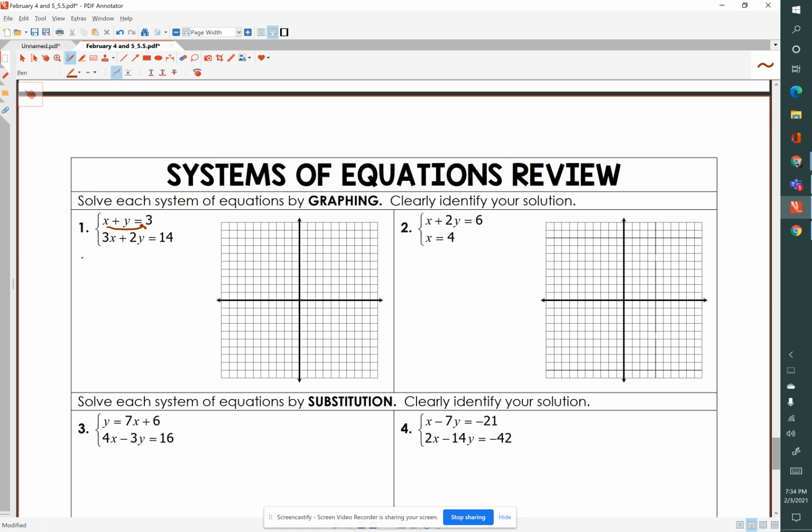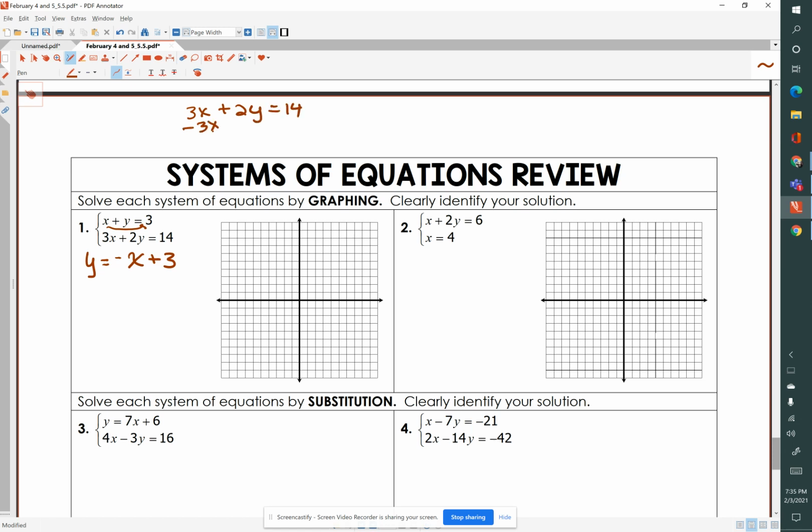So the first equation is y minus x equals negative x plus 3. That's the first equation. Now the second equation, I'll work that up here. 3x plus 2y equals 14.